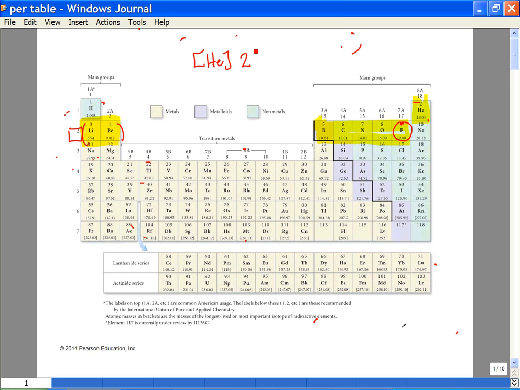The S block is full, so 2s2. And now these are the 2p's. So the P block is not full, so you count over 1, 2, 3, 4, 5.